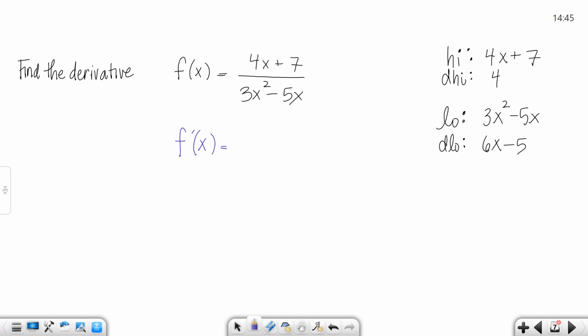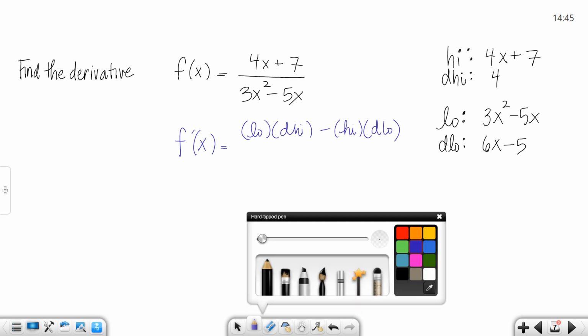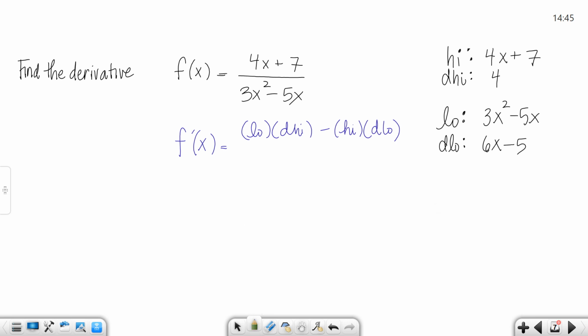When we get ready to take the derivative using the quotient rule, we say low d high minus high d low. Okay, now it has a bottom, but that's just how we're starting. So let me do it in a different color. So my low function, low, would be 3x squared minus 5x.